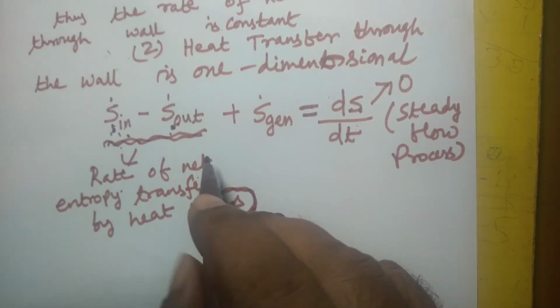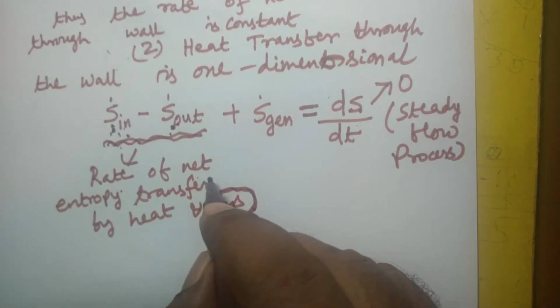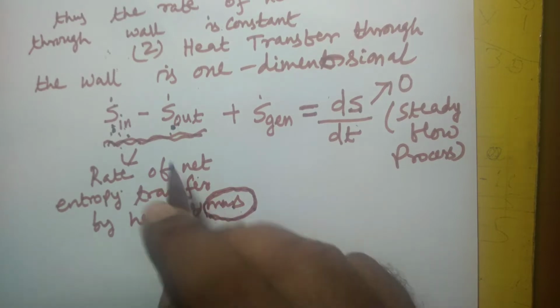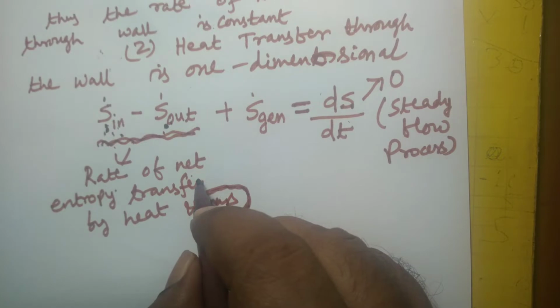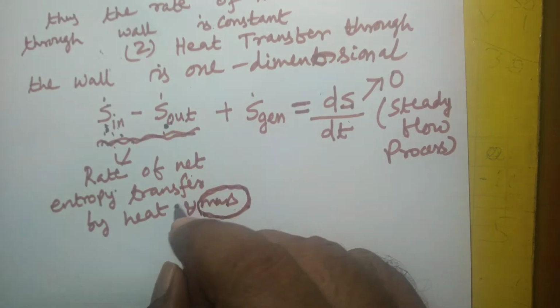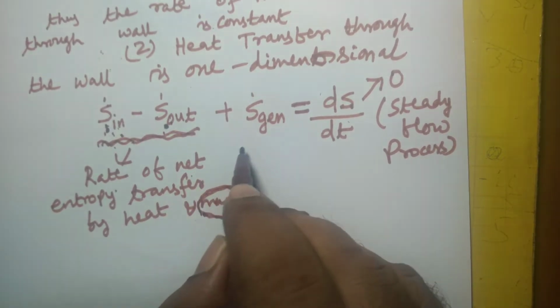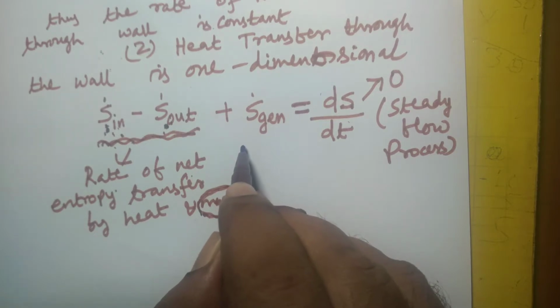Only in this case entropy can be transferred to or from the surroundings only by heat, because only heat interaction is taking place here.